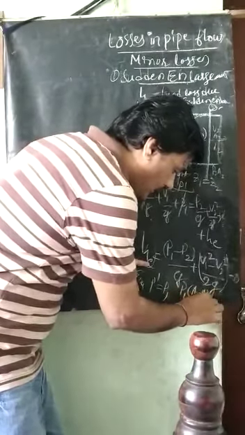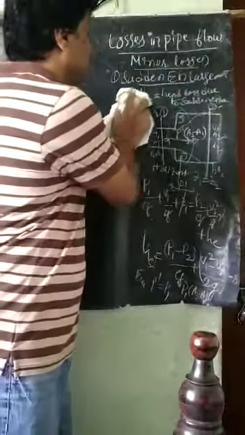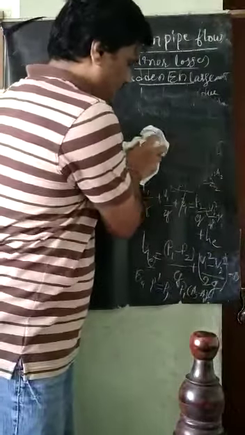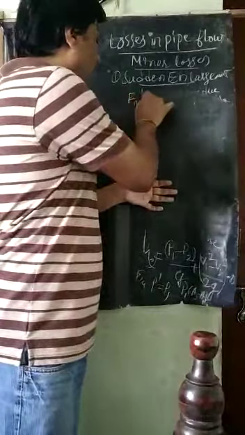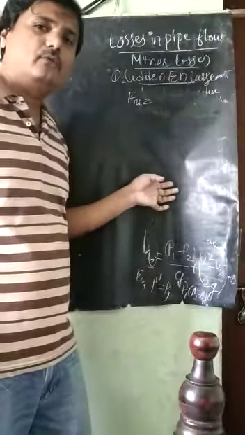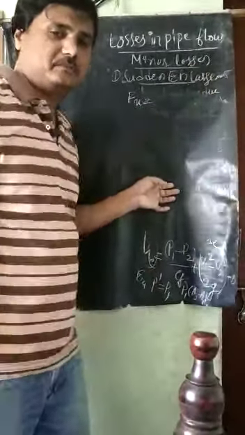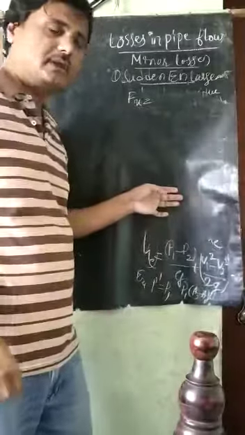Now the force balance. I will assume that Fx is the force along the x direction, meaning along the central axis towards the right, in the direction of flow.